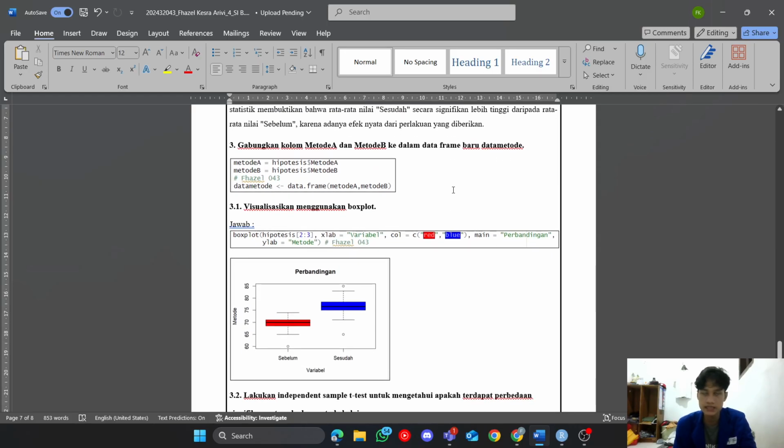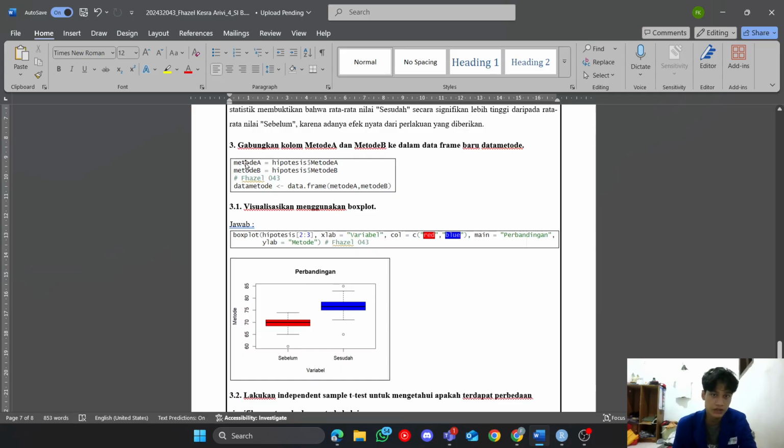And then we make a new data frame, with the columns method A and method B. The first thing I do is declare variables first.